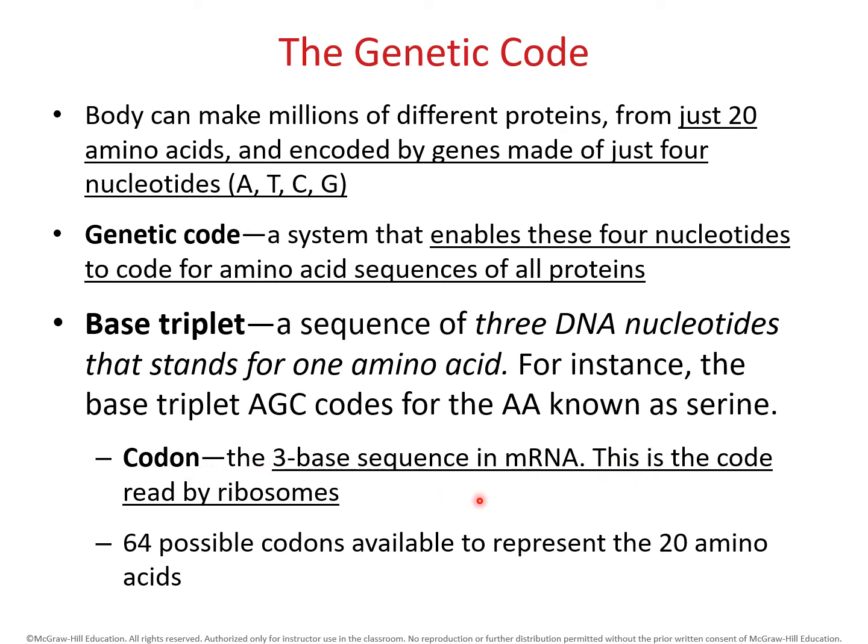And this codon will ultimately be read by the ribosomes. Now, you don't have to know this number, but just to give you an idea, there are 64 possible codons available to represent all 20 of the amino acids. So you can get a wide variety of what individual amino acids will be linked together. Again, don't worry about those numbers.